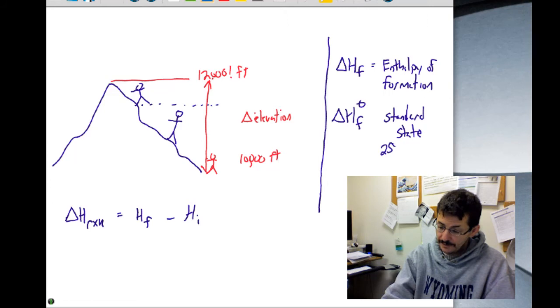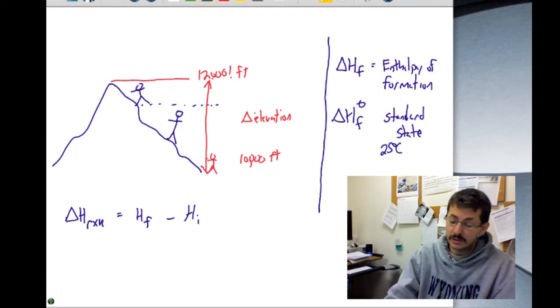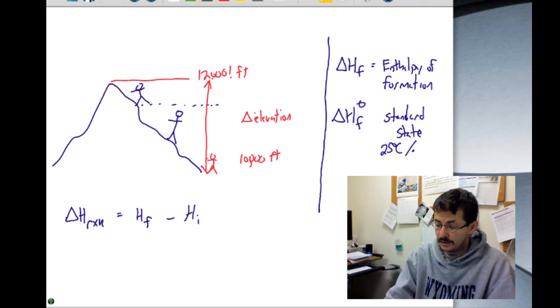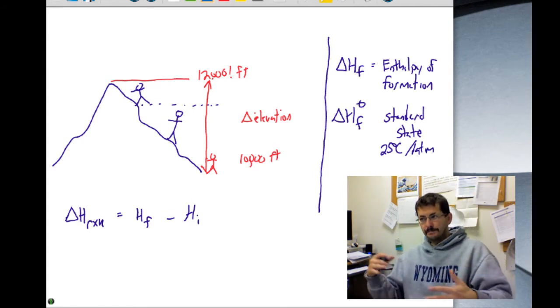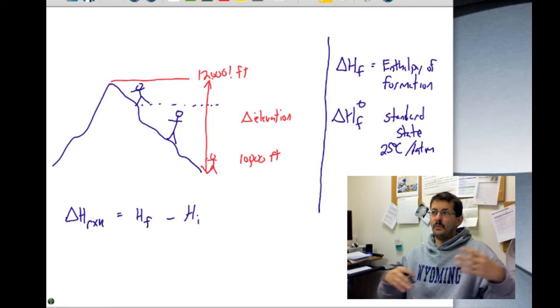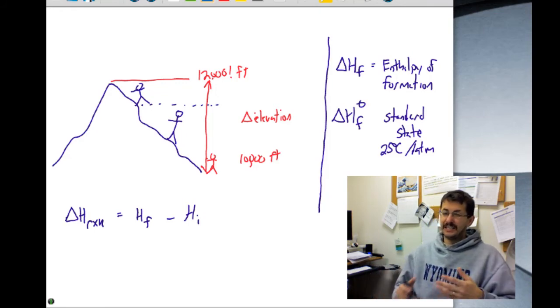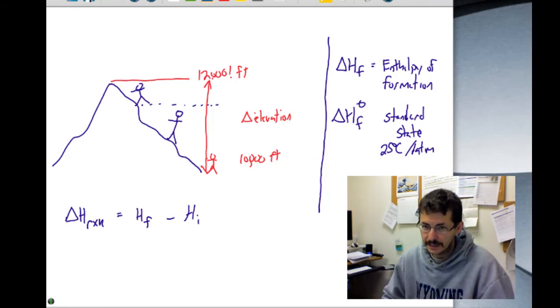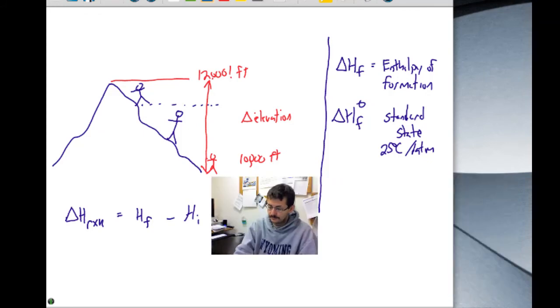It's usually 25 degrees centigrade rather than 0 degrees centigrade, but it's usually 1 atmosphere. The actual difference between the one we see in gas laws and the one we see in thermodynamics is actually very small. It's almost negligible in many of the calculations we're doing. Usually also we're dealing with a concentration of 1 molar as well.